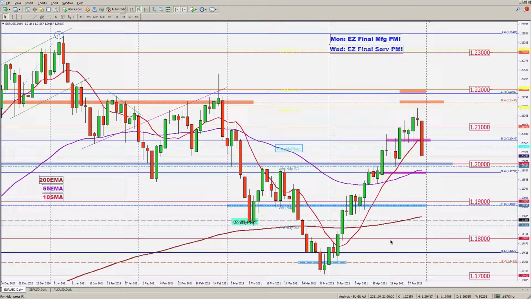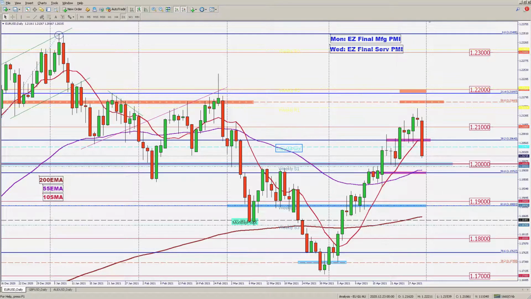It opened at 117.30 and climbed all the way up to a high of 121.50. So over 420 pips there before pulling back on the Friday. So for the month, it's still a fairly bullish move.